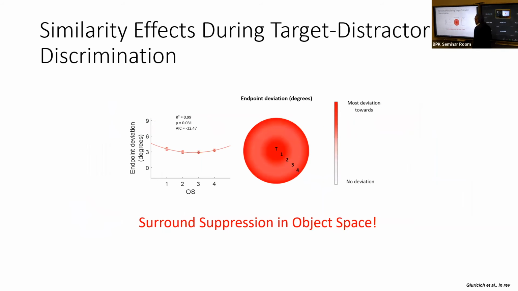The key, then, is what happens when we take a look at similarity. When we're looking at similarity, there's this thing called feature-based surround suppression. It happens in feature space for simple features, which says that if you have an orientation, nearby orientations are advantaged.